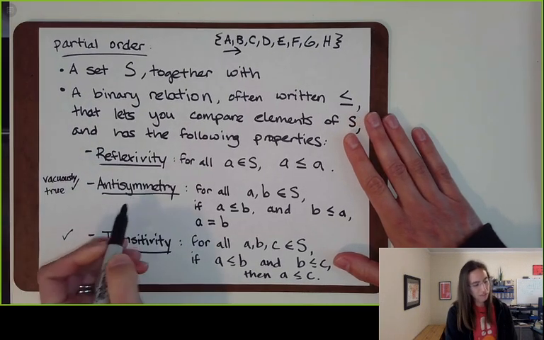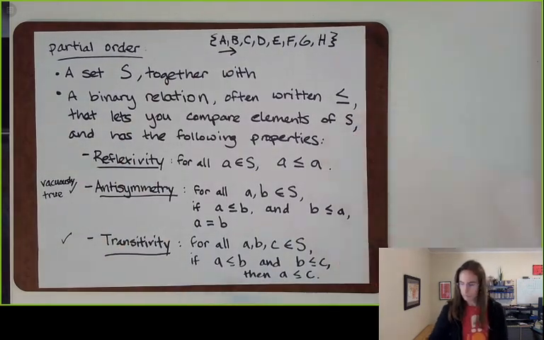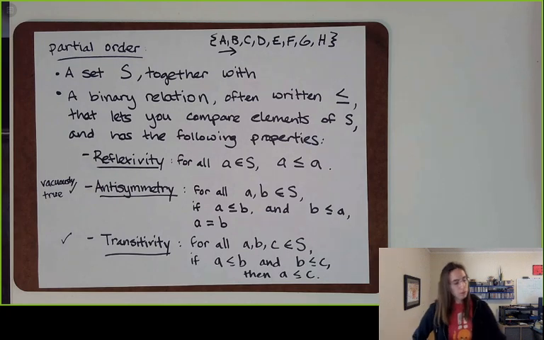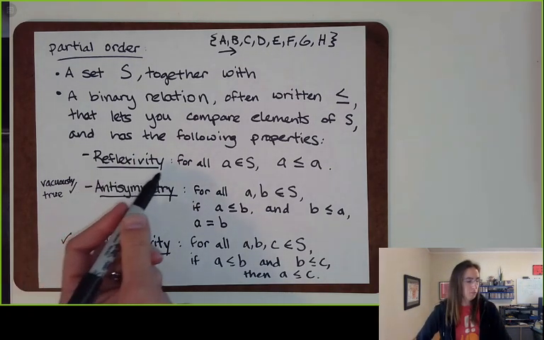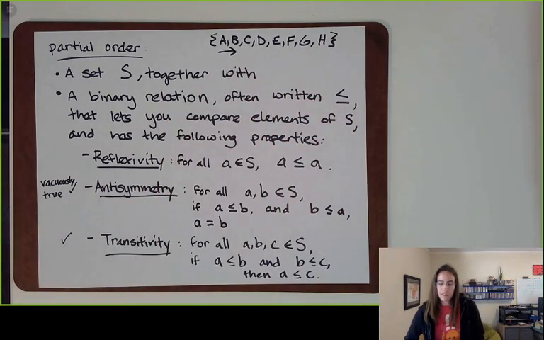So we have this anti-symmetry property for the happens before relation. Okay, so we have those two criteria. What about reflexivity? Given an event, any event here, let's say G, does it make sense to say G happens before G?